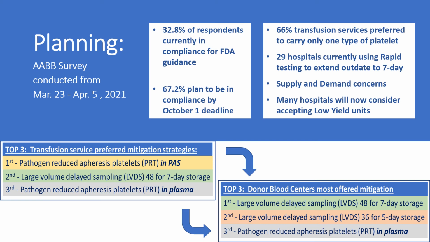It's probably safe to assume that the types of products offered by blood centers will continue to evolve even after the October 1st deadline, as blood centers continue to roll out a variety of products. Transfusion services will need to be prepared for product options that are not currently available from their blood supplier.